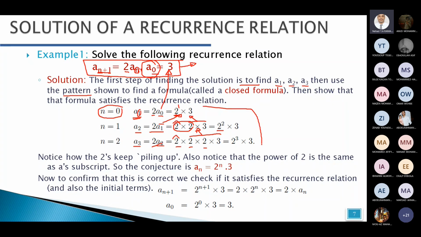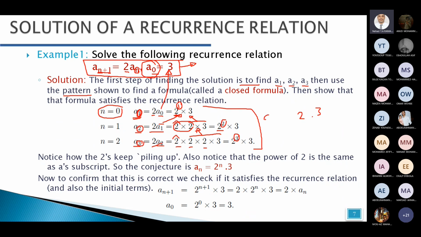So if you look at each term, you have 3 multiplied by 2 to power something: power 1 when we have a1, power 2 when we have a2, power 3 when we have a3.